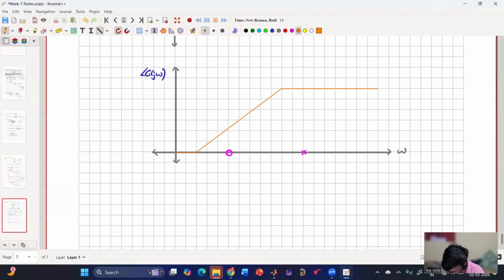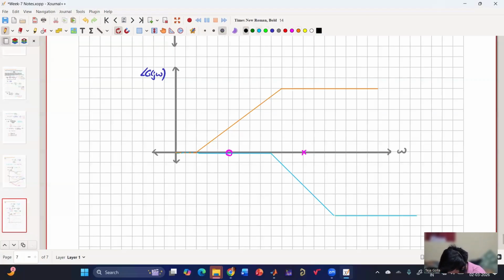In the case of the pole, it will start from 0 and then go till somewhere before, and then it will start falling and go to minus 90 degrees, and it stays there.